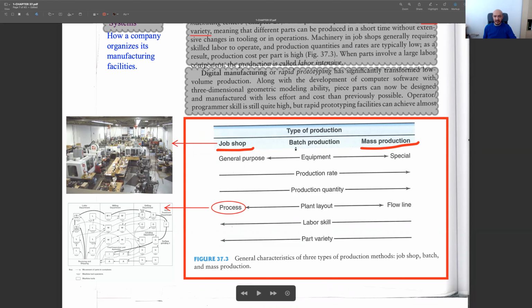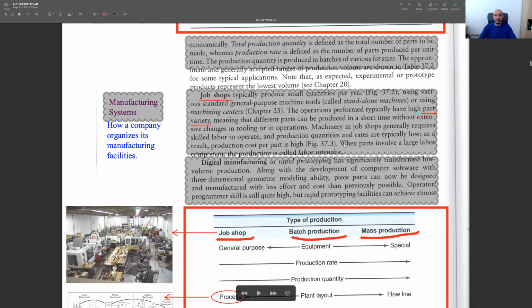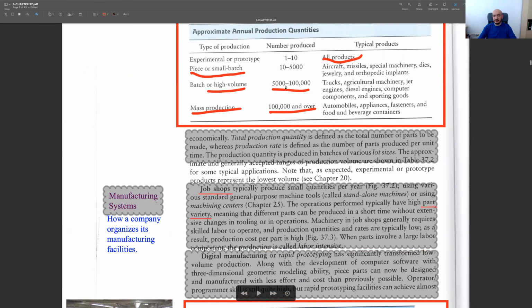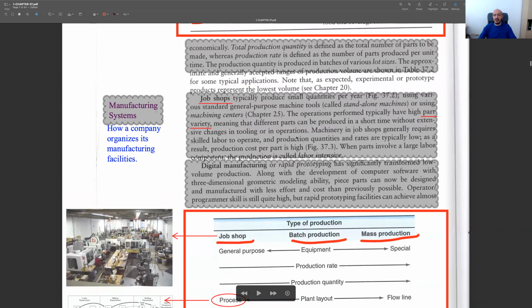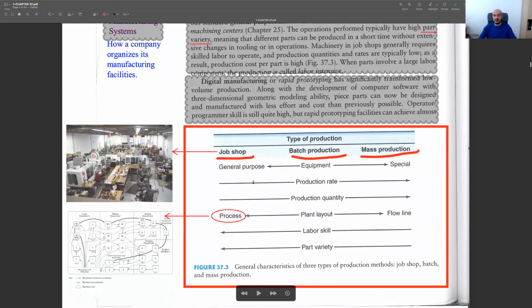And in between, we have batch production. If we go back, you see batches between 5,000 and 100,000, but mass production is more than 100,000. And job shop is for just up to 10, maybe a maximum of up to 50.